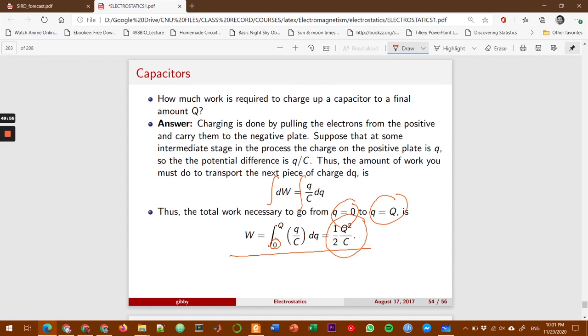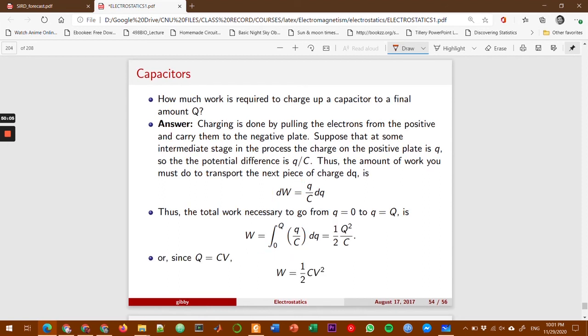So this is the work needed to charge up a capacitor to a final amount of Q, which is 1/2 Q squared over C. And since Q is CV, you can rephrase this work as 1/2 CV squared, or 1/2 Q squared over C. If you know Q, you can get the work, or if you know the potential, you can get the work also.